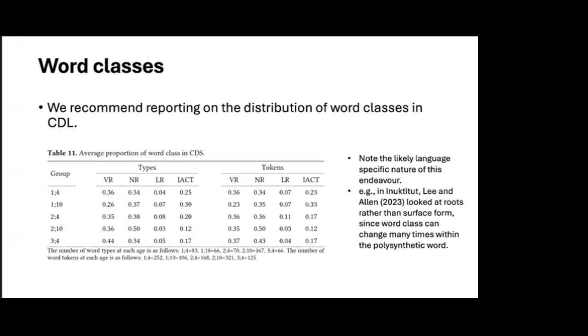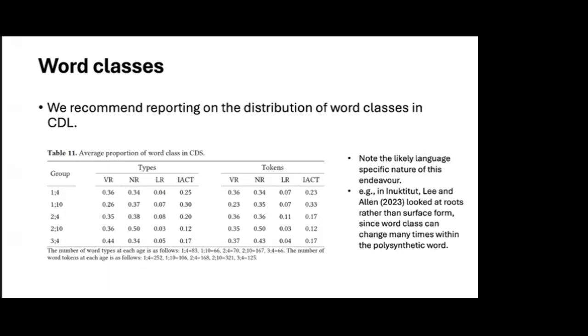I'll just say that LR stands for localizer root, and IACT stands for interactive expressions. These things might not be clear to everyone. So the distribution looks fairly even, at least between verbs and nouns, particularly when we look at tokens, across development.